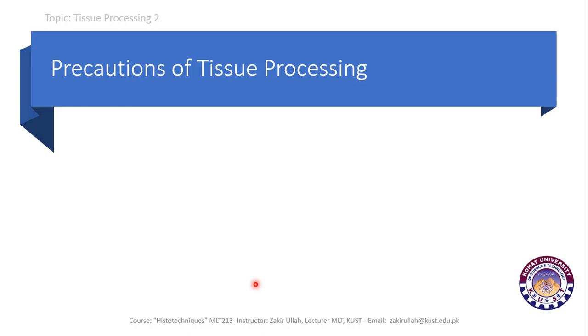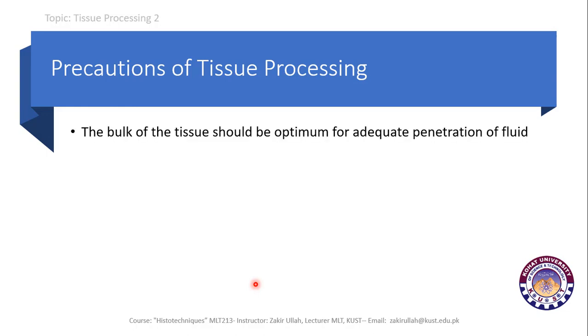What are the precautions during tissue processing? The first one is that the bulk of the tissue should be optimum for adequate penetration of the fluid.